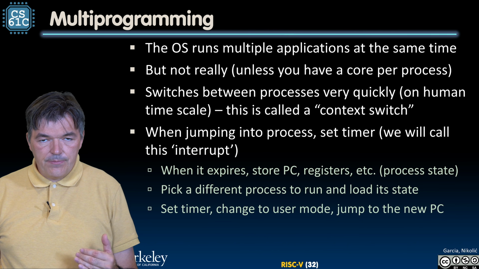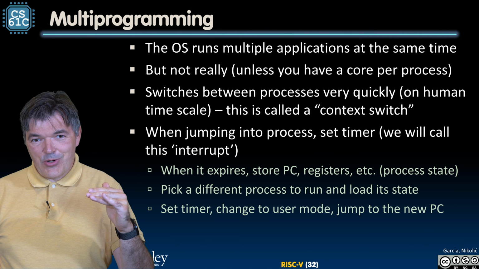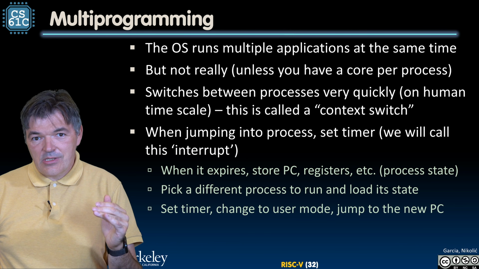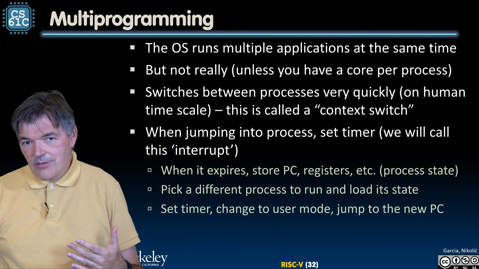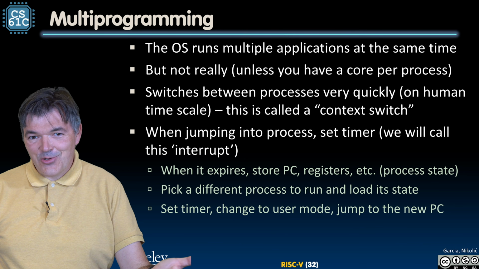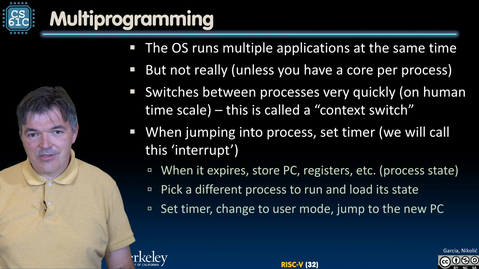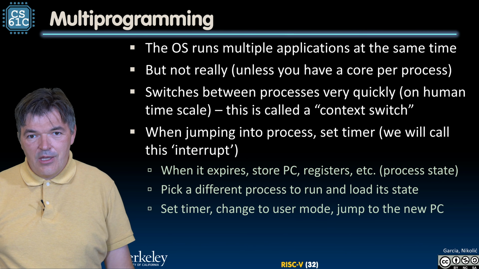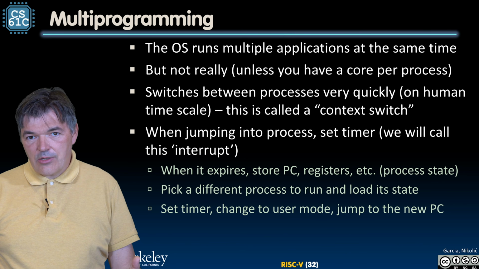Every time we jump into a program in this multi-programming mode, the operating system sets a timer. And timers are again accessed through control and status registers. It sets a timer, like a kitchen timer, for 10 milliseconds and goes into executing one program.